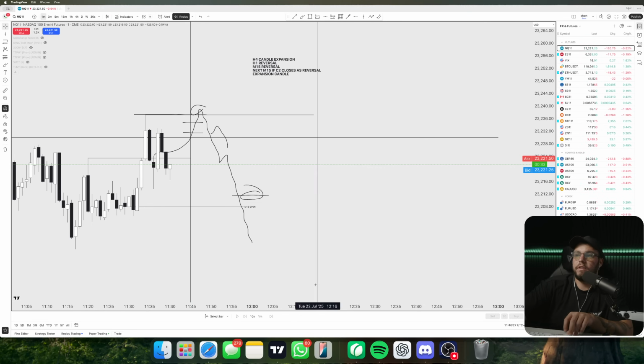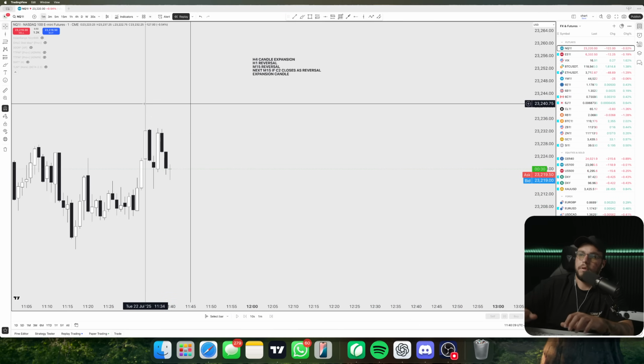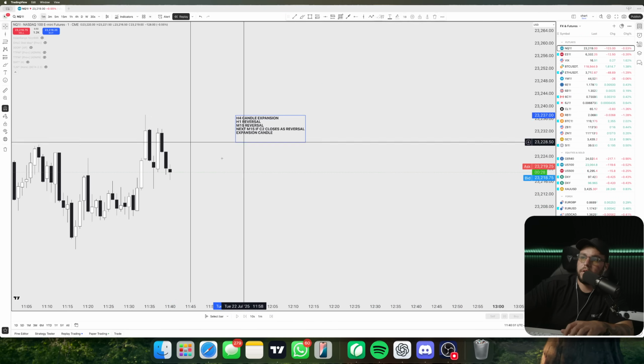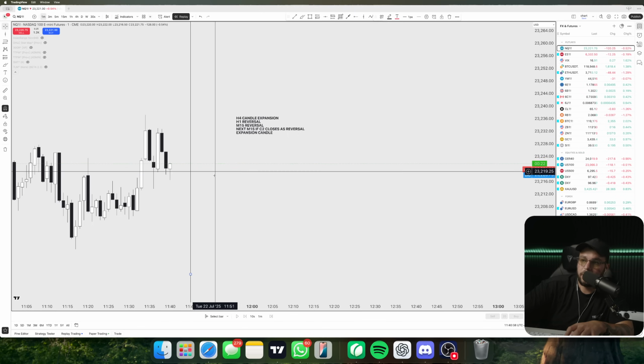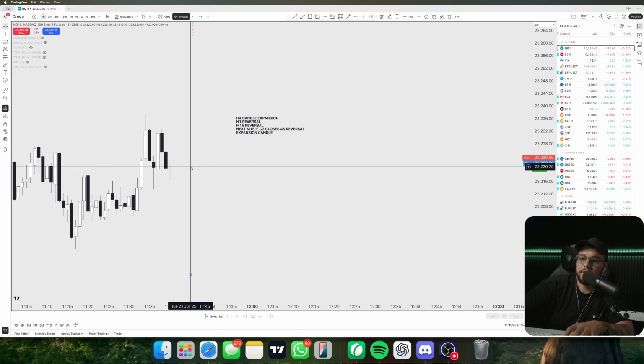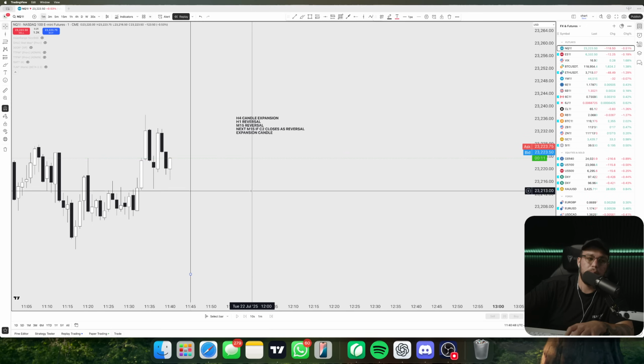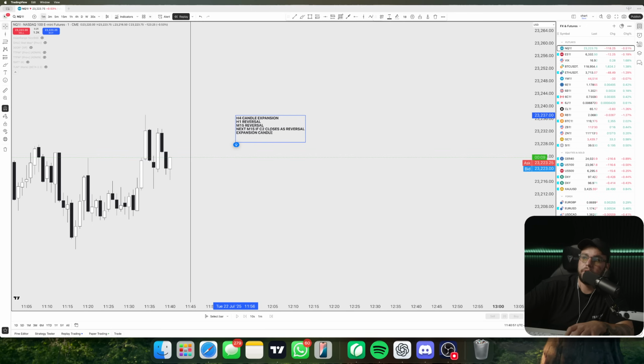Let me just delete these. So this would become our reversal candle, and the next candle after this at 12 would become our expansion candle. So the 12 o'clock 15-minute candle would become this expansion candle.